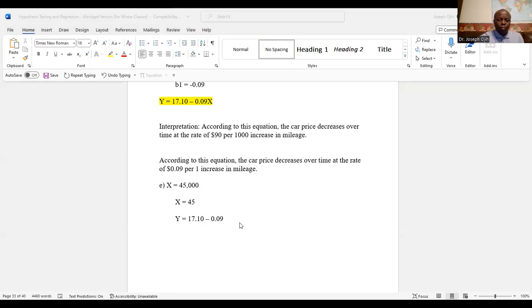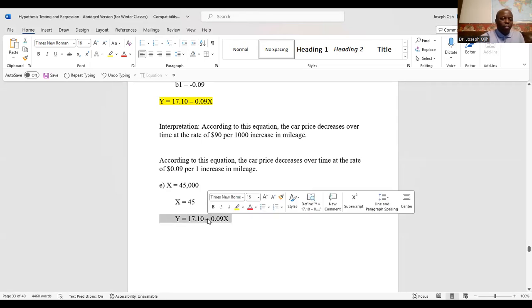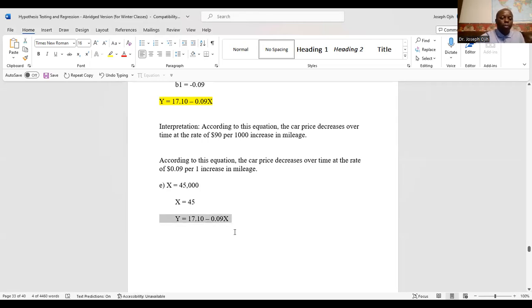So when X is 45, which is 45,000, we have the same thing, but now we replace the X with 45. That will give us the value.